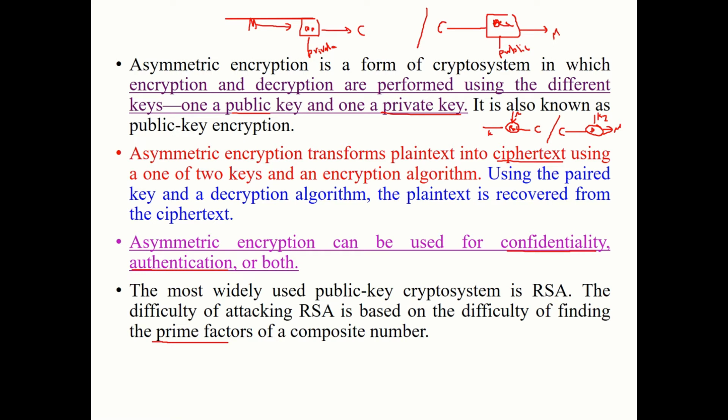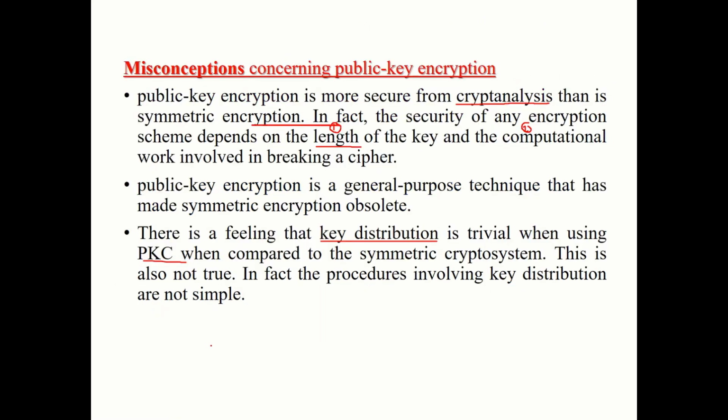One of the most common public key encryption algorithms is called RSA. RSA is a very good algorithm, very complicated, and difficult to attack by cryptanalysis, because it is based on prime factors, as we will see later.